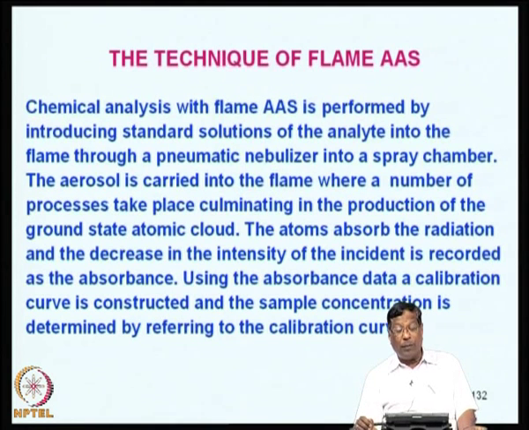The atoms absorb the radiation, and the decrease in the intensity of the emitted radiation is recorded as the absorbance. So, using the absorbance data, a calibration curve is prepared, and then you aspirate the sample into the flame, and refer the absorbance data to the calibration curve and find out the concentration of the element corresponding to the absorbance you have observed. It is just like a spectrophotometer.